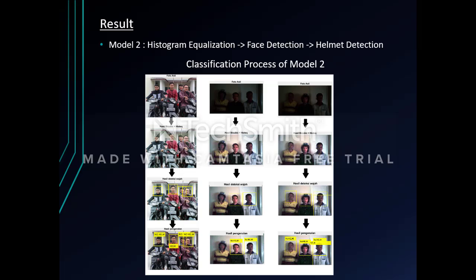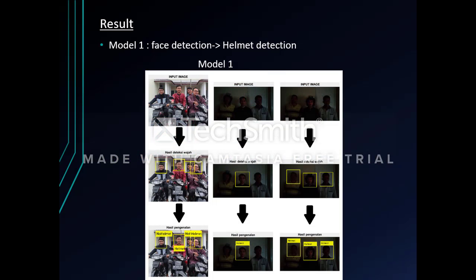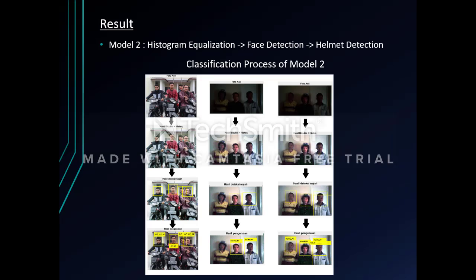You know that the face detection is more accurate, since in the first model, only a very few faces can be detected. But in the second model with histogram equalization, the faces are much more detected, much easier to detect by the classifier.